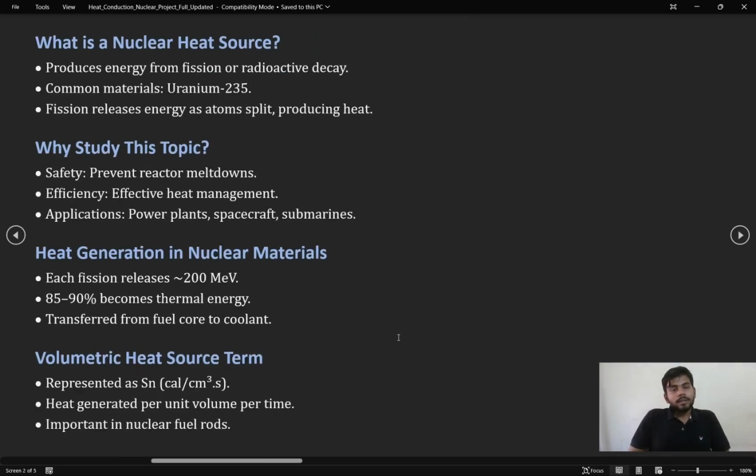Next, we will see what is a nuclear heat source. So, nuclear heat source is generated by a type of reaction which is known as nuclear fission.